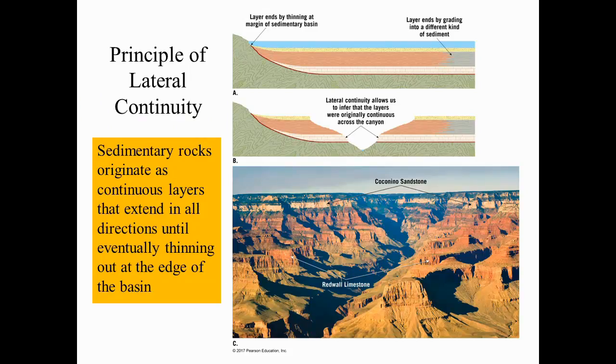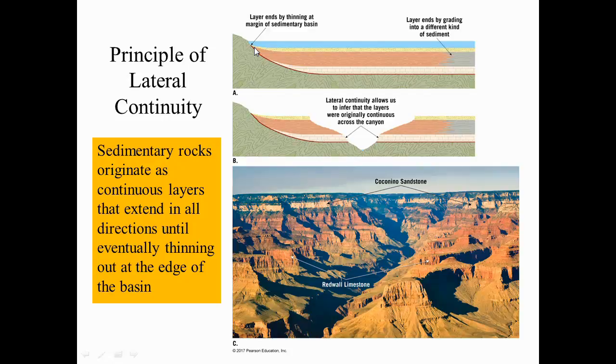The principle of lateral continuity states that sedimentary rocks originated as continuous layers that extended in all directions until eventually thinning out at the edge of the sedimentary basin. So if you look at the illustration at the top, we find that all of these different layered sedimentary rocks were once continuous throughout the basin.